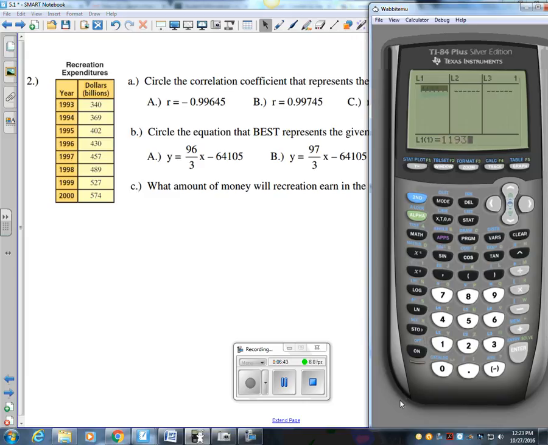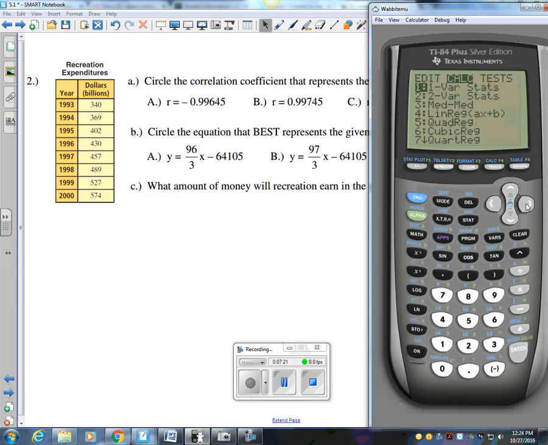I type in 1993, 1994, 1995, 1996, 1997, 1998, 1999, and 2000. And then for L2, 340, 369, 402, 430, 457, 489, 527, and 574.